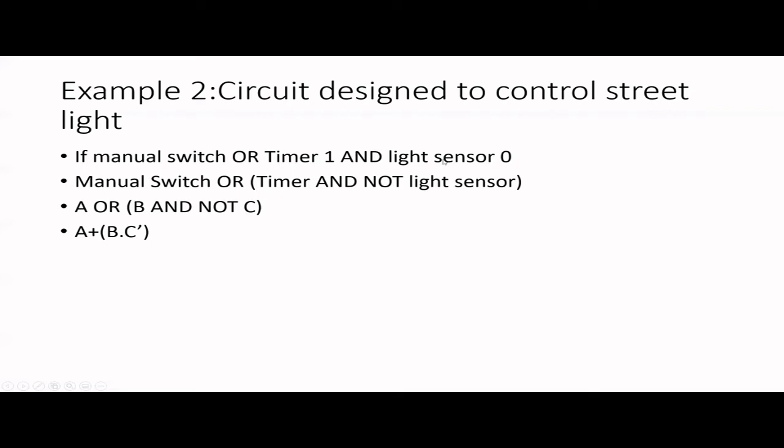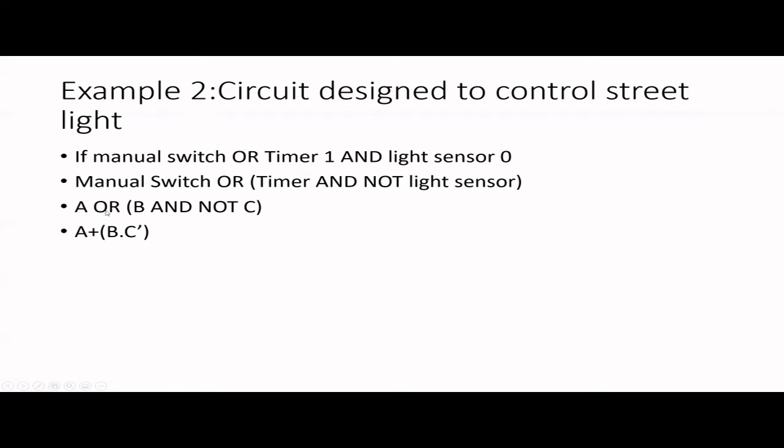Now, if we separate this, because it's like a bracket thing, the timer and light sensor should be ANDed, with a NOT on the light sensor, because it should not detect light. So that is how this second line is created. If we take some inputs, for the manual switch we take A, for the timer we take B, and for the light sensor we take C. So A is independent.